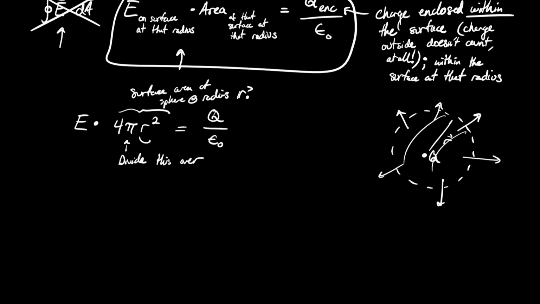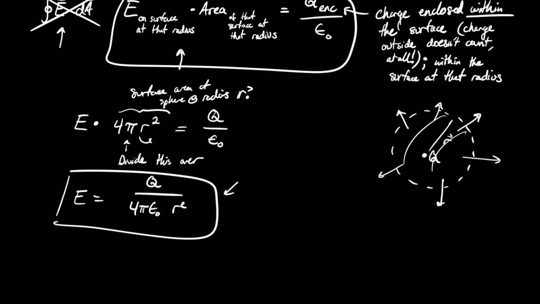Okay, so we're going to divide both sides by 4 pi r squared. And this is the answer for the size of the electric field at a radius r.